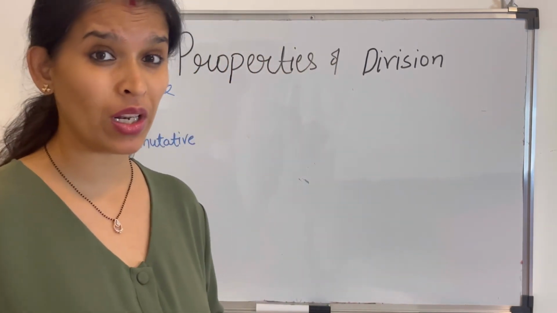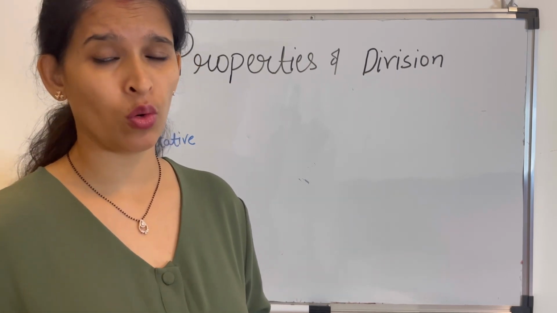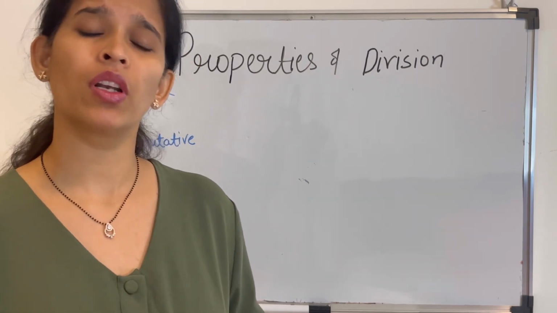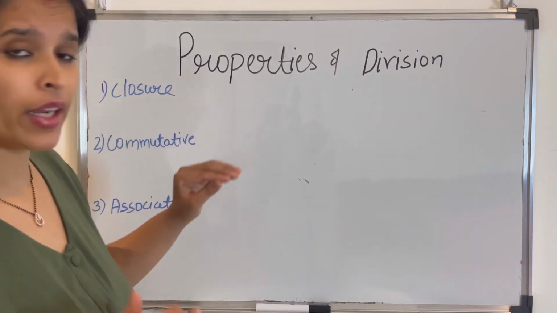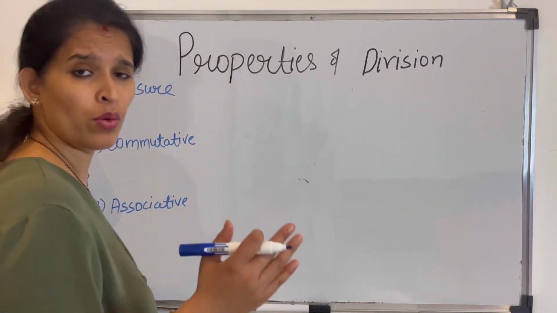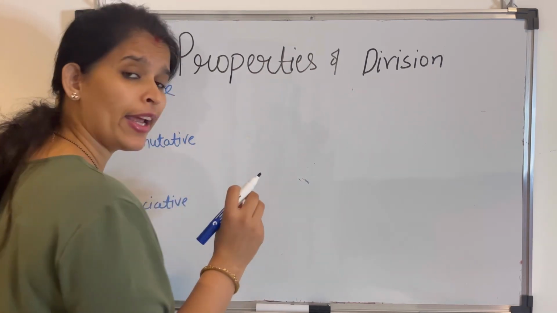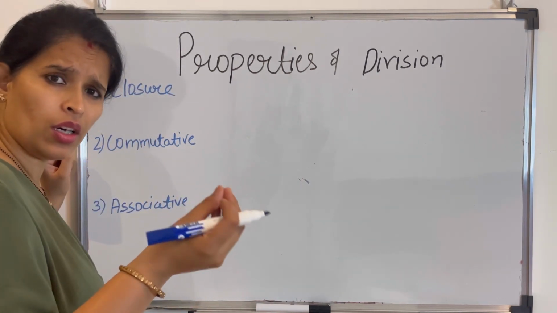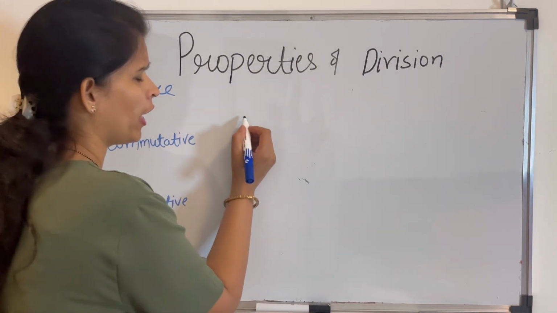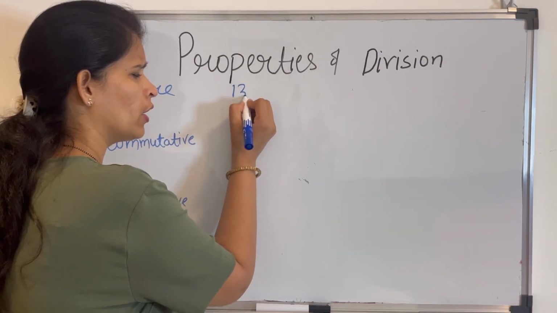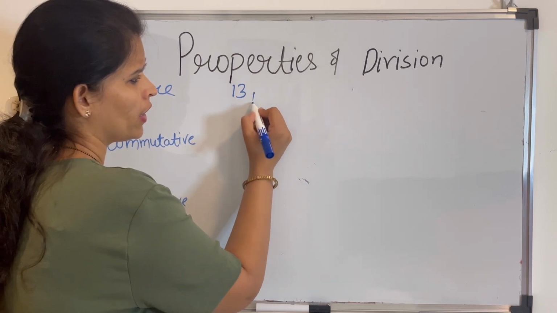Closure means when we use two whole numbers, whatever the operation we use, the result should also be a whole number. We'll check in division also. If I divide any two whole numbers, the result should also be a whole number. So let's check. 13 is a whole number and next 3.